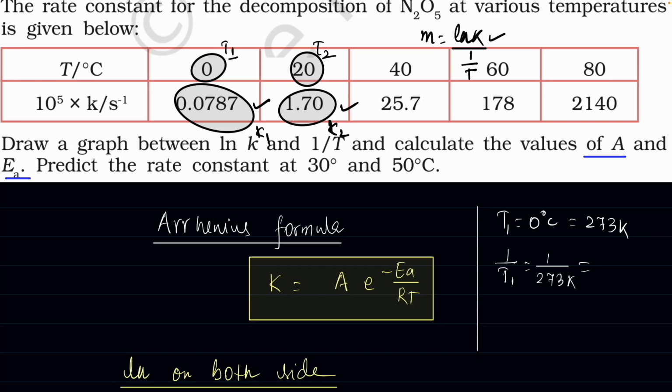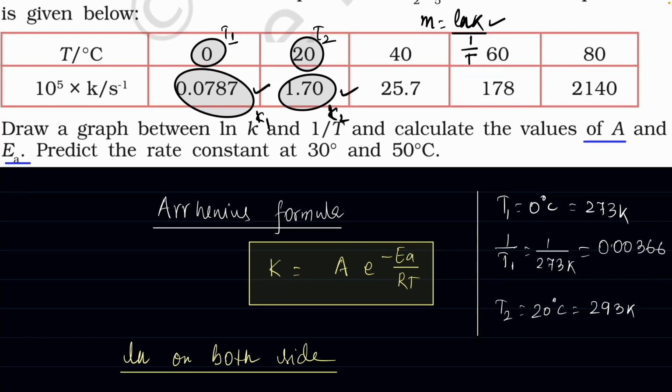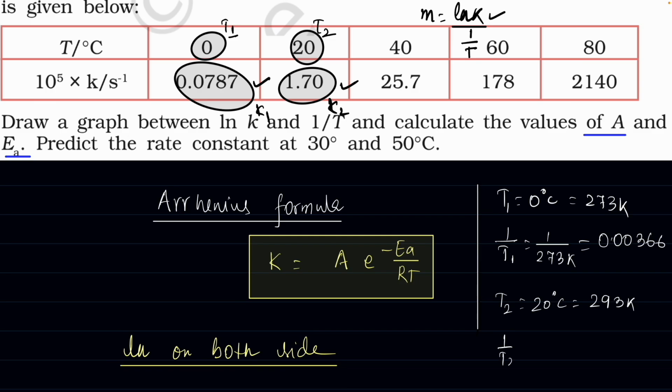Its value will be 0.00366. Same thing, T2 is equal to 20 degrees Celsius. In Kelvin, 293 Kelvin. So 1/T2 is equal to 1/293 Kelvin. It's equal to 0.00341 per Kelvin. So we got the value of 1/T1 and 1/T2.